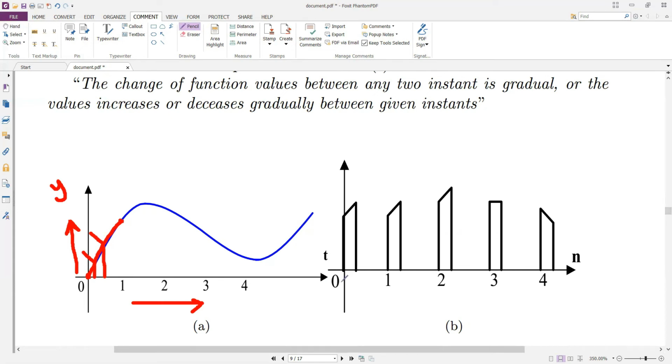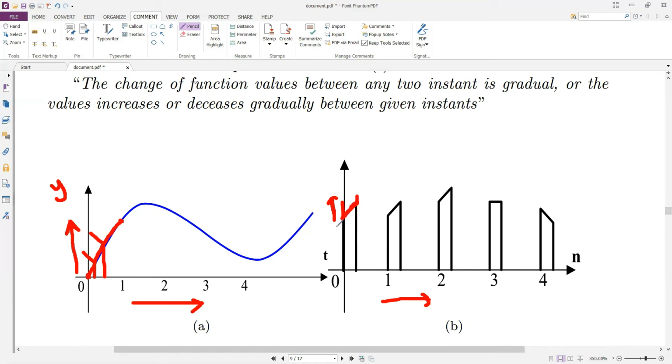Now, instead of looking at the time, let's focus on the values of the signal along the y-axis. This particular section, as previously discussed, will contain infinite number of values between these two points.